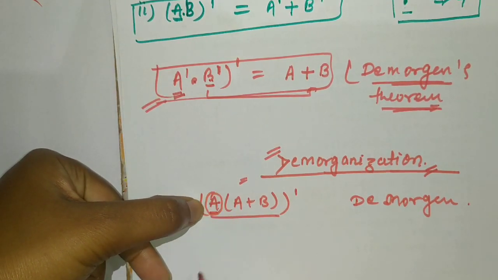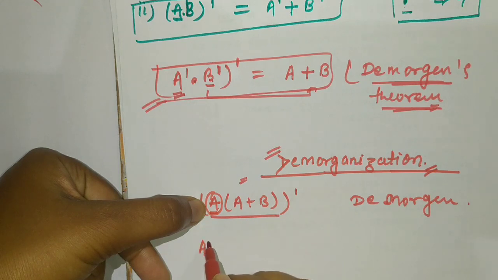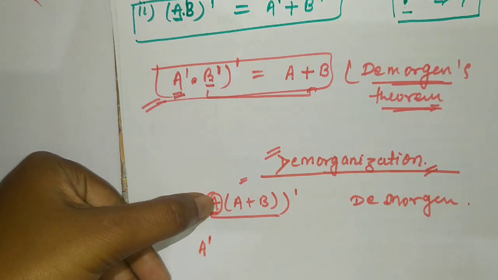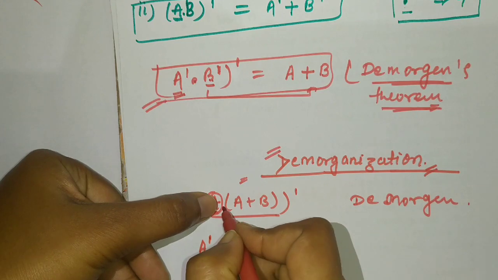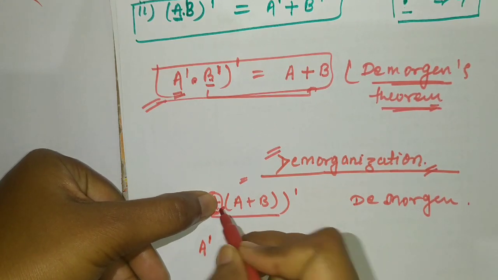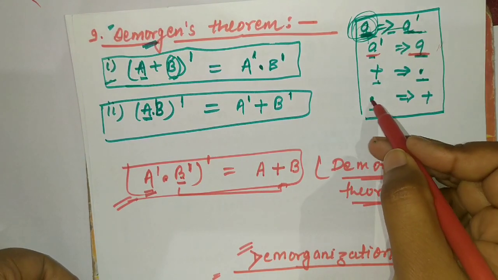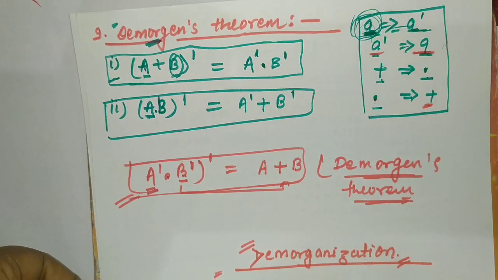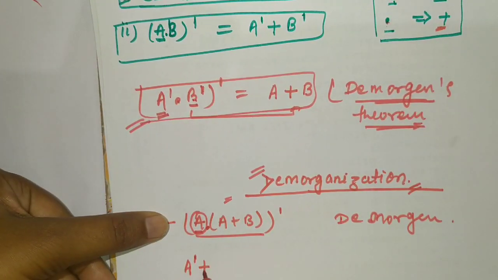A is without complement, so we write it with complement. There is no sign, that means a multiply sign, and multiply or dot converts to plus.